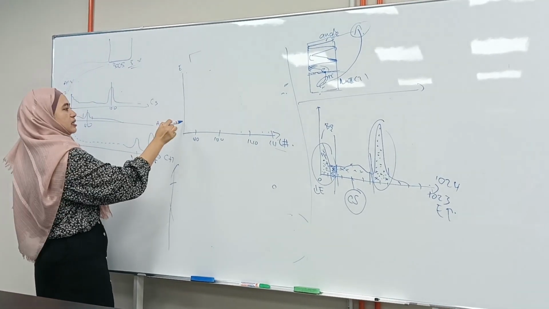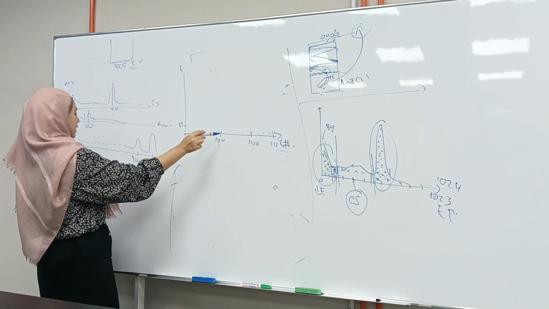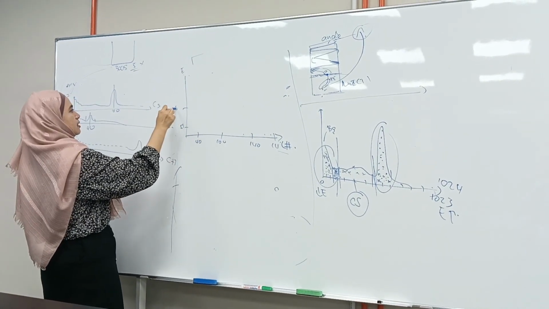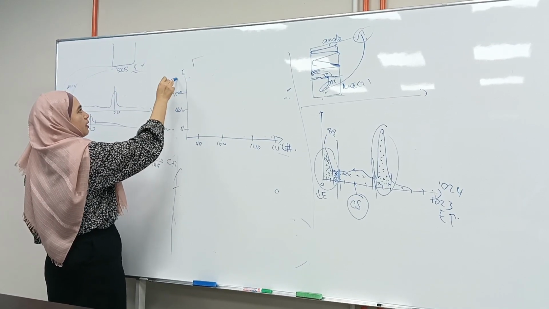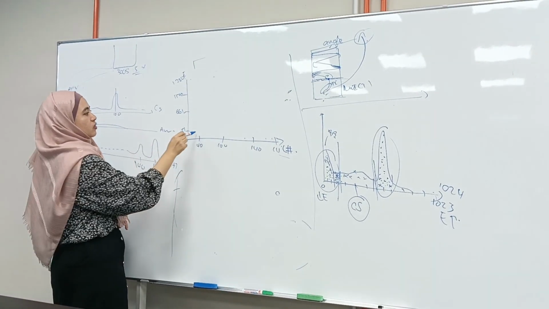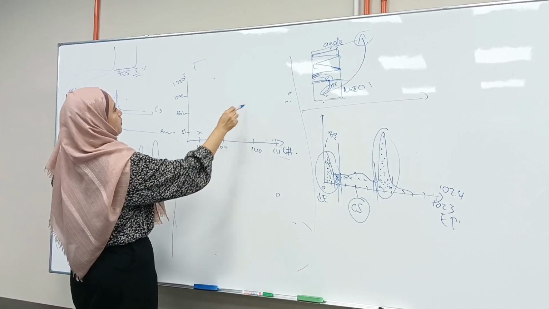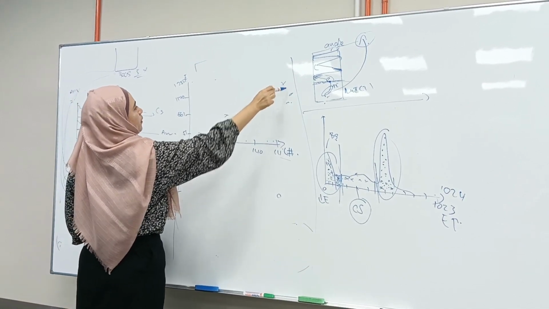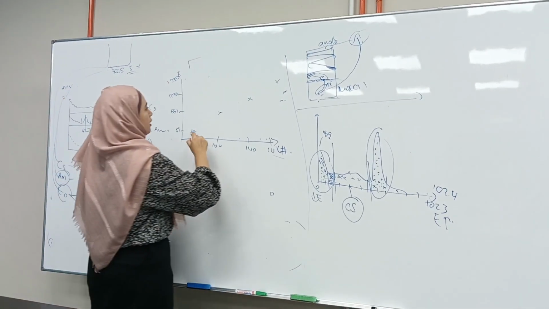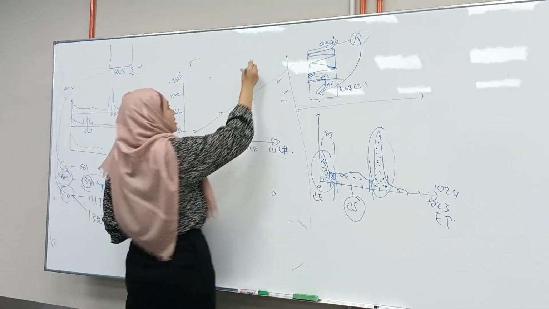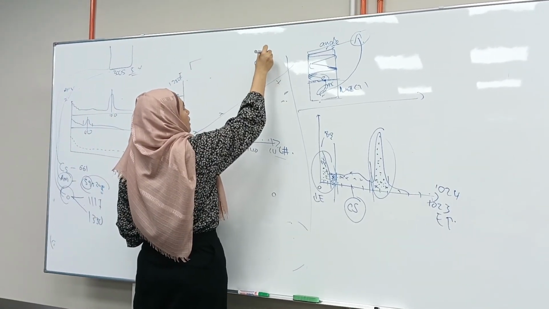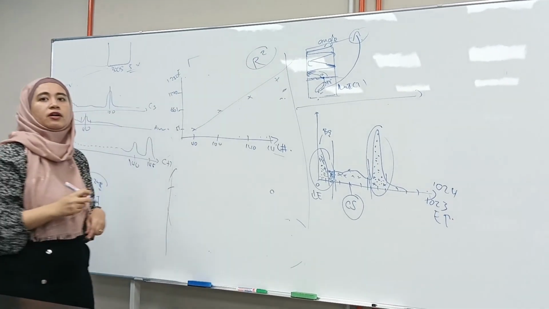The energy is about 59 here, and at 100, the energy is about 661, 140, 1170, and then 1330. Right? So you have this point, this point, this point, and that point. Then you are able to plot the calibration curve and get something that best fits your curve and identify the R-squared of your calibration curve.